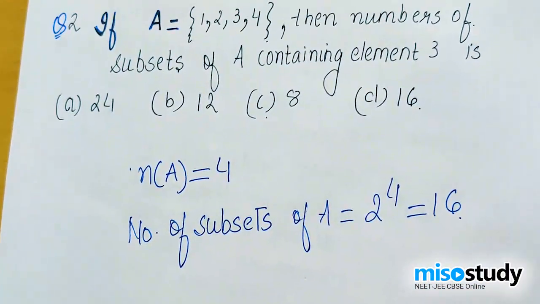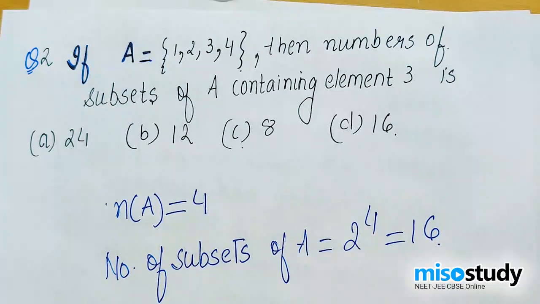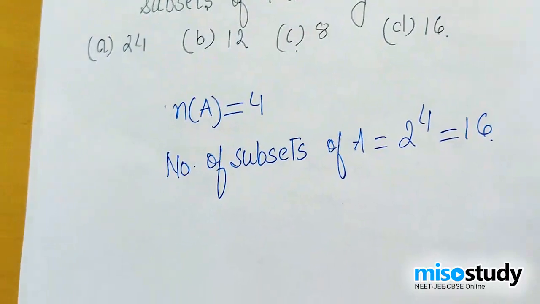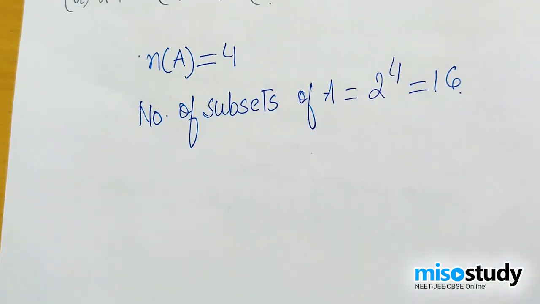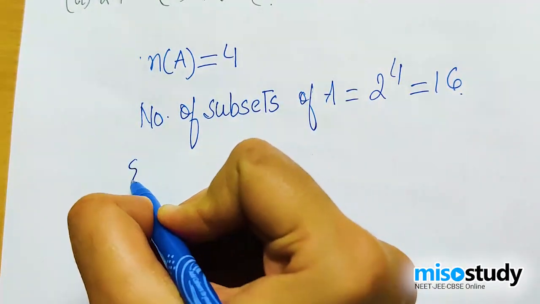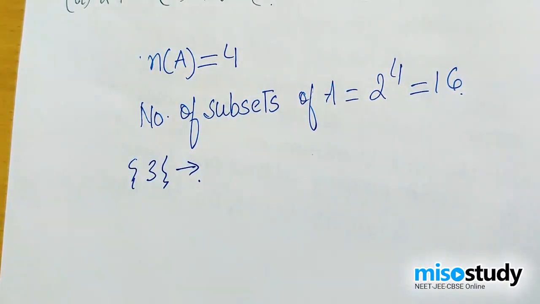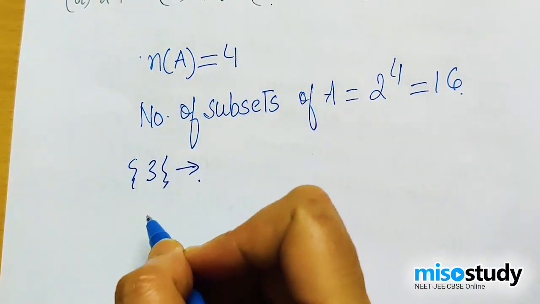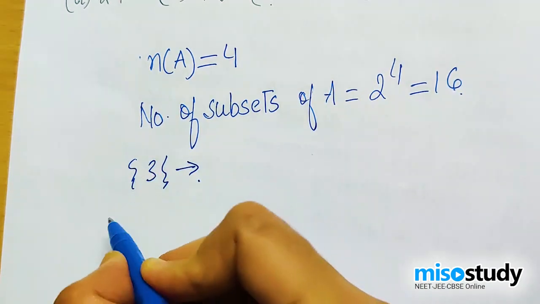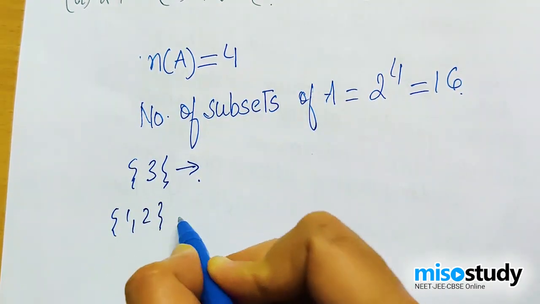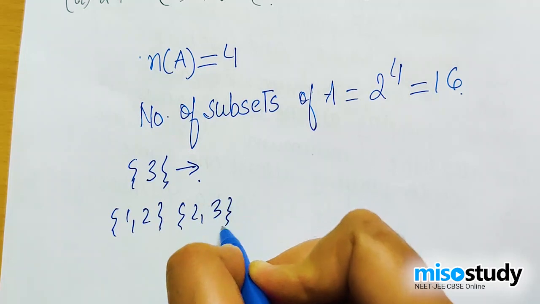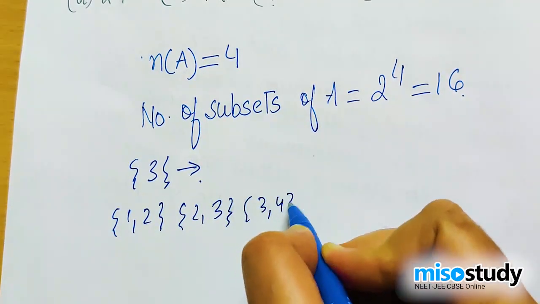So now what are we supposed to find out? We are supposed to find out subsets having 3 as an element. So we all know what kind of subsets it will have. It will have singleton sets, out of which this will be the subset which is desired. Then you will have sets having 2 elements, that is {1, 2}, {2, 3}, {3, 4}.